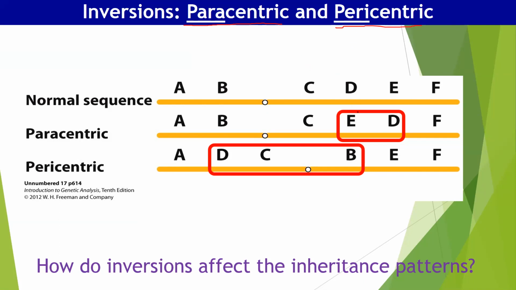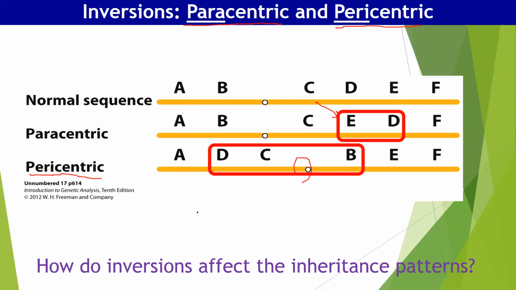If the inversion does not involve the centromere, this is the para, meaning the inversion is standing aside the centromere. However, if the inversion includes the centromere, then this is the pericentric.